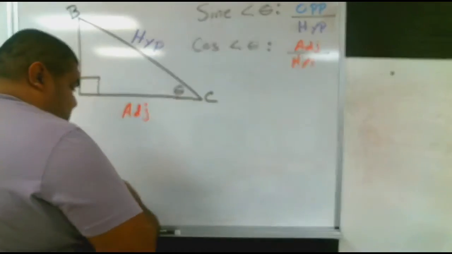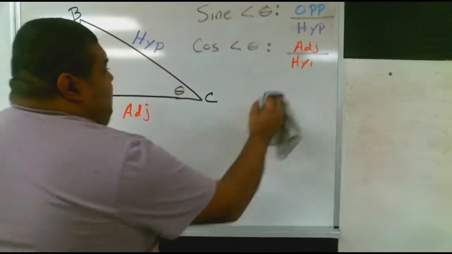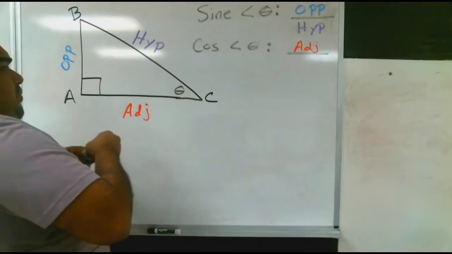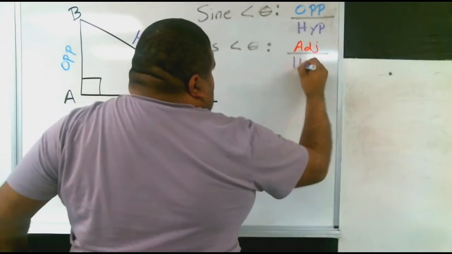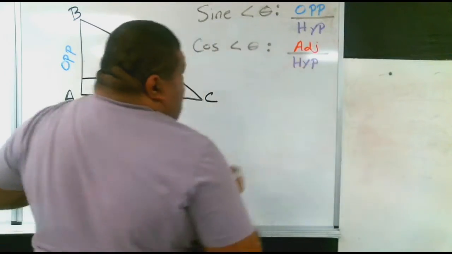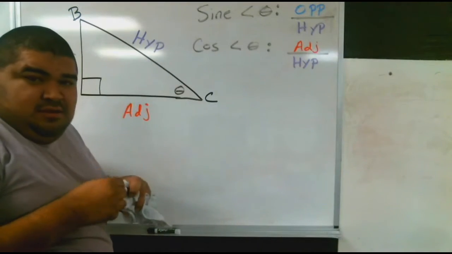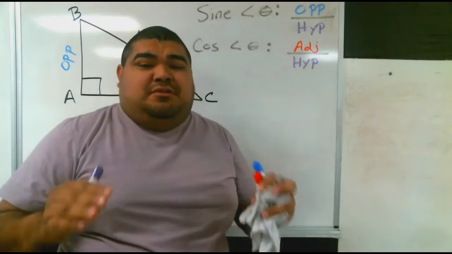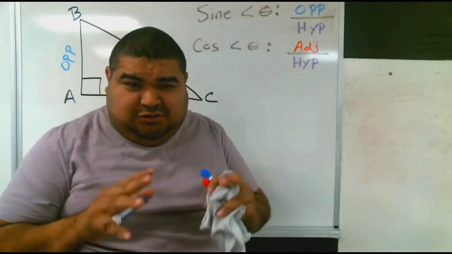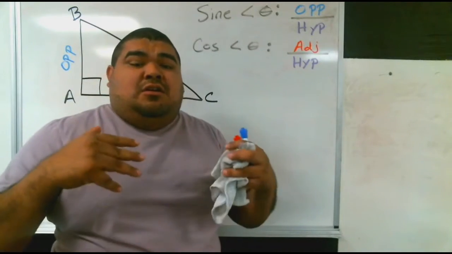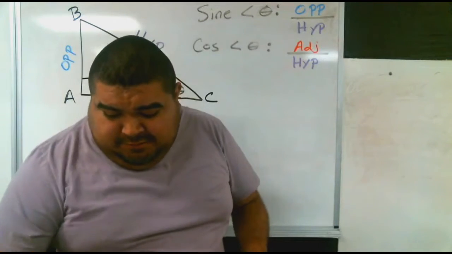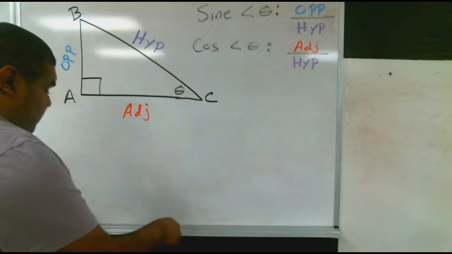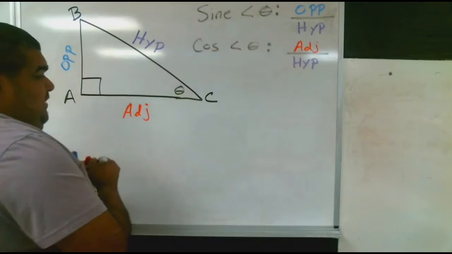Let's use the color we use for hypotenuse here, which makes it a lot easier for you. For hypotenuse, I use purple. So adjacent over hypotenuse. Again, it might not make sense right now. I'm going to put some values in there. For now, just write the rules. You need to memorize the rules. And the last one is tangent.